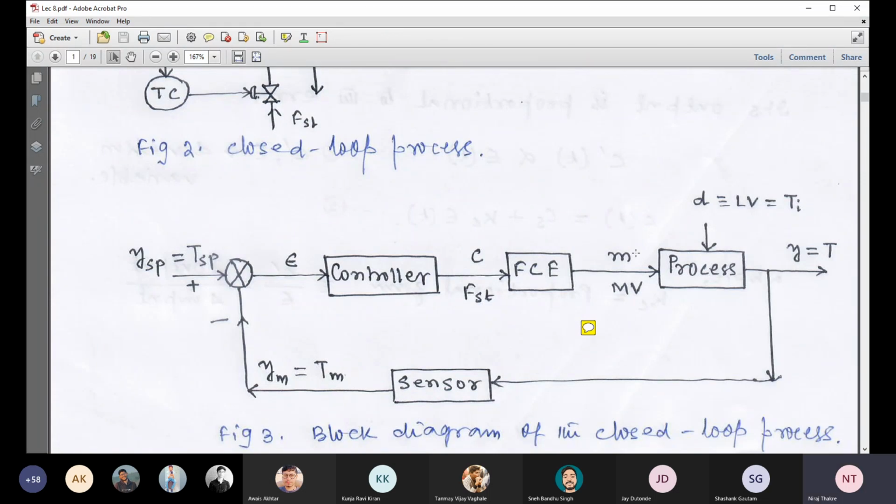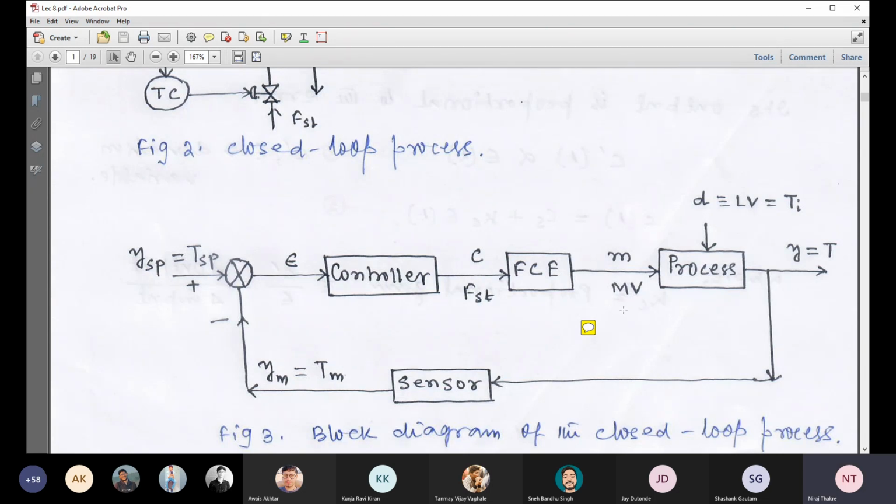Just one correction in this block diagram. FST, it should be placed here. FST is manipulated variable. You just replace, you remove the FST from here and you write here FST. Got? FST is not C. FST is basically manipulated variable.